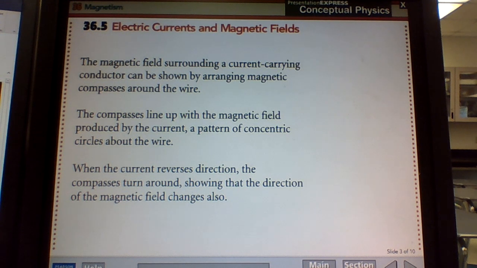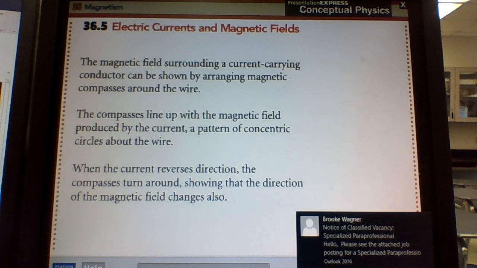So these compasses are going to line up in these different concentric circles. And when the current then reverses direction, basically what happens is that the compasses turn around. And this just shows that the direction of the magnetic field is also changing when the current is going somewhere else.